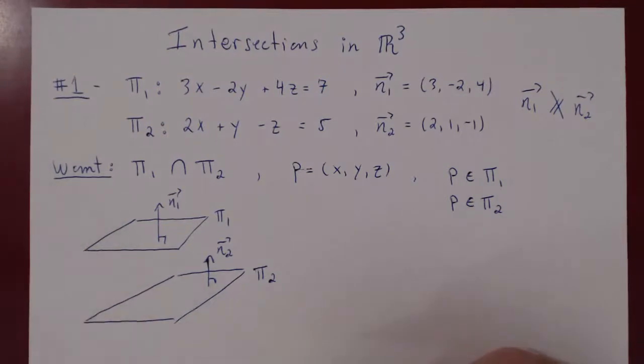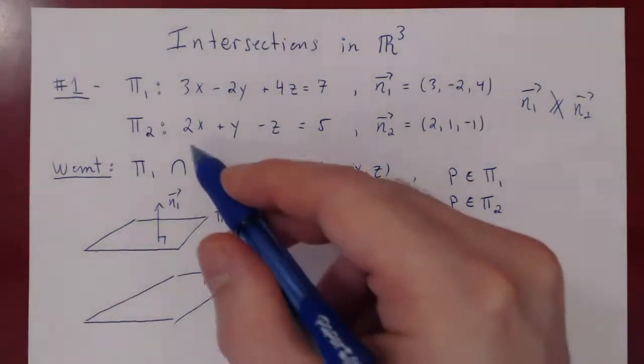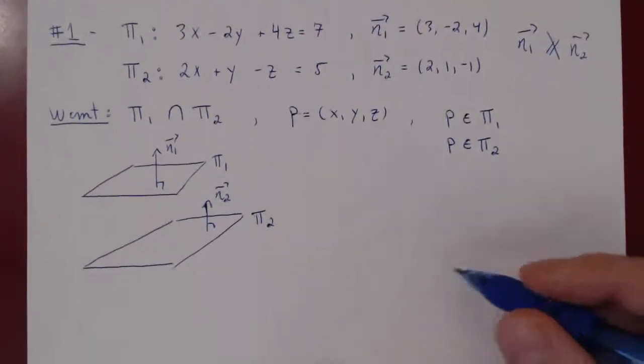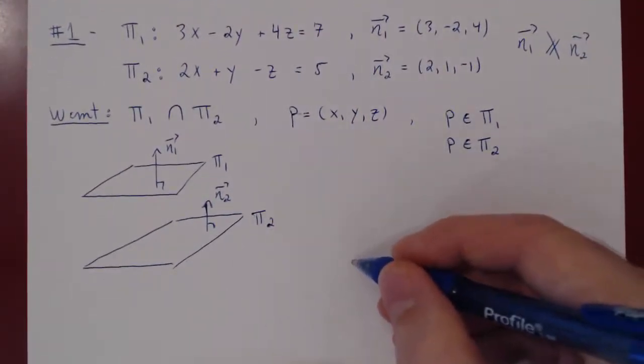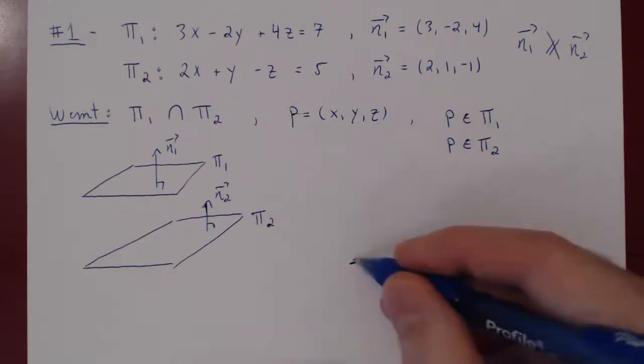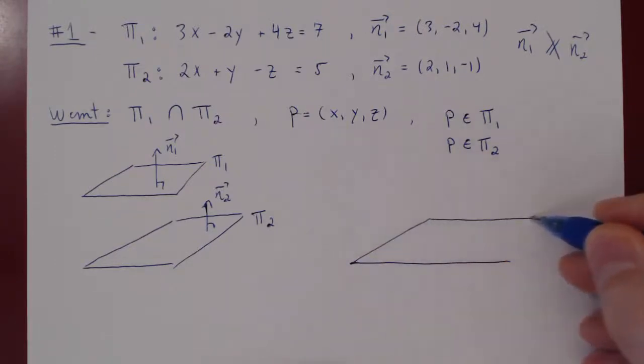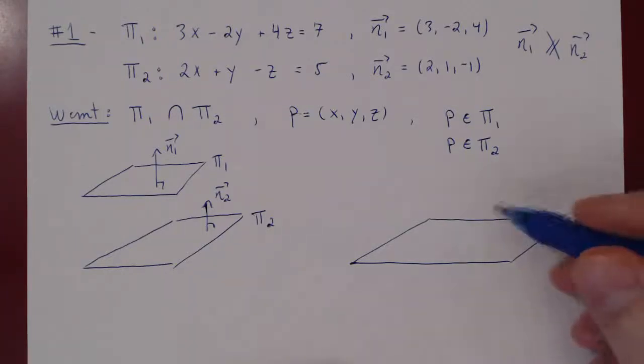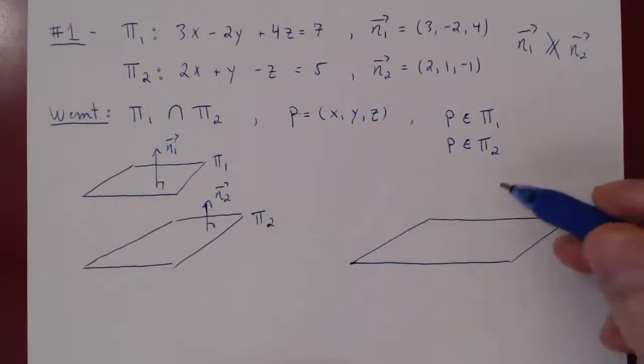Well, let's look at now, if the planes are not parallel, what will their intersection look like? So suppose that I draw one plane like this. Suppose this is pi1. And now pi1 and pi2 are not parallel. So imagine that pi2 is slanted.